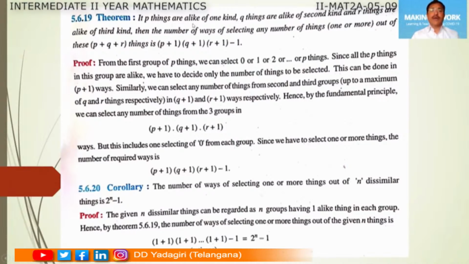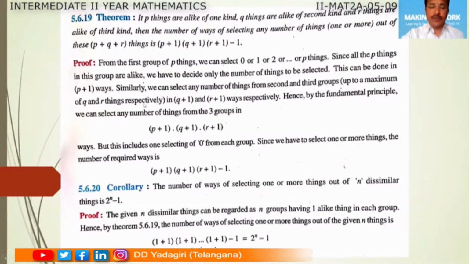If p things are alike of one kind, q things are alike of second kind, and r things are alike of third kind, then the number of ways of selecting any number of things, that is one or more, out of these p plus q plus r things is (p plus 1)(q plus 1)(r plus 1) minus 1.